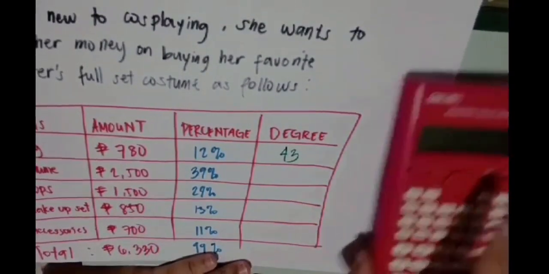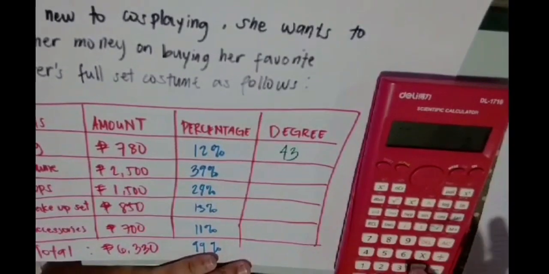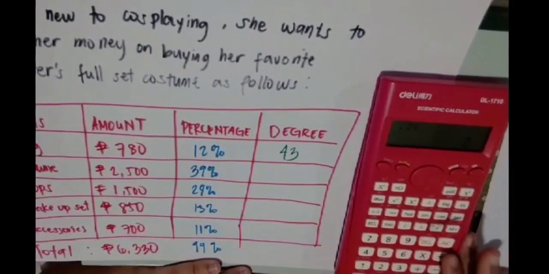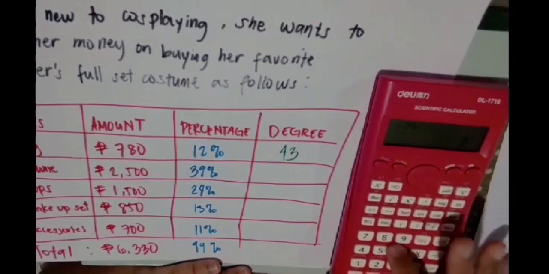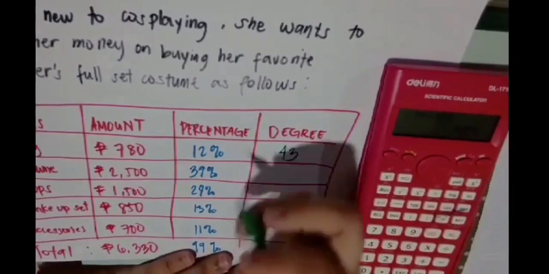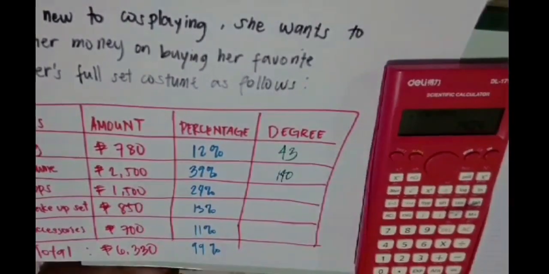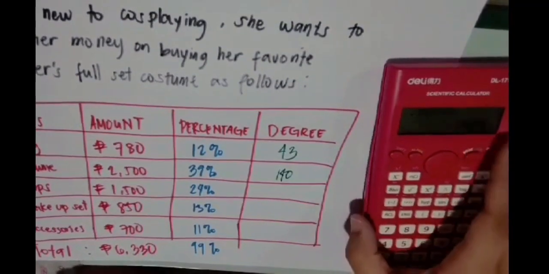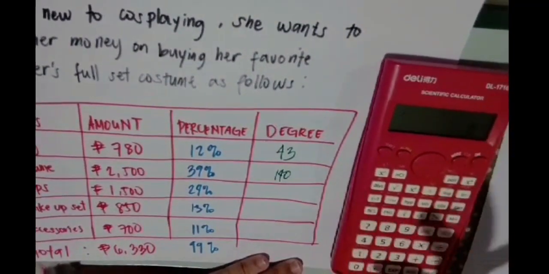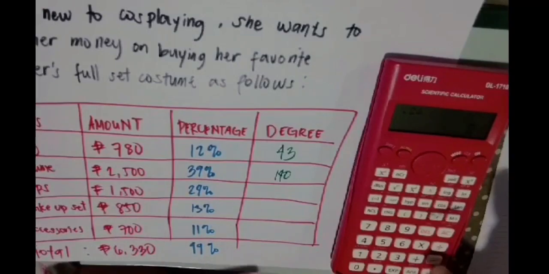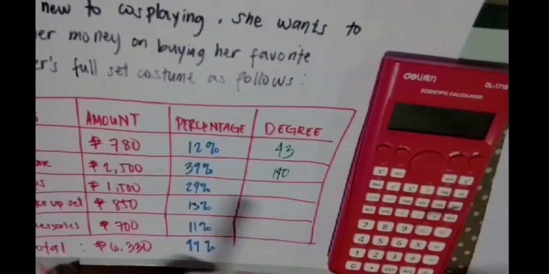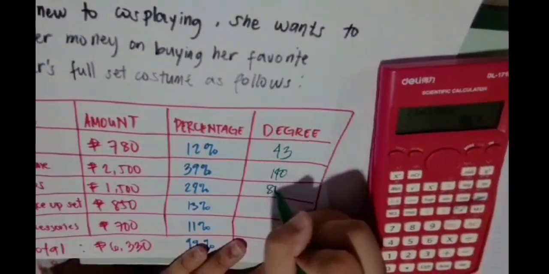Next, this will be 0.39, multiply it by 360, we will get 140. Next, 0.24 times 360, that's 86.